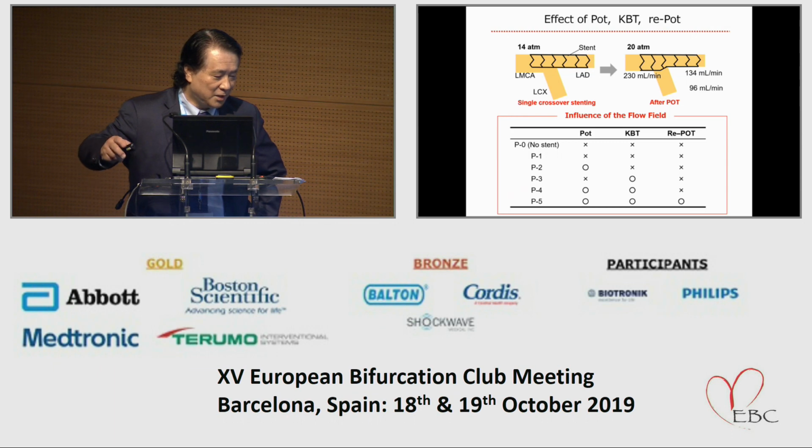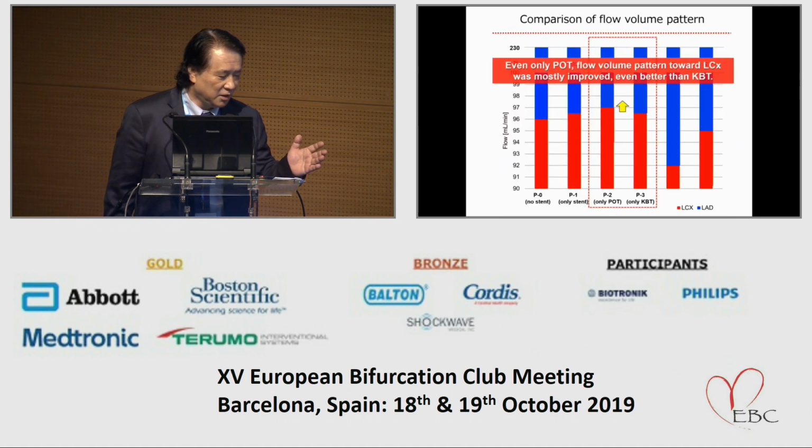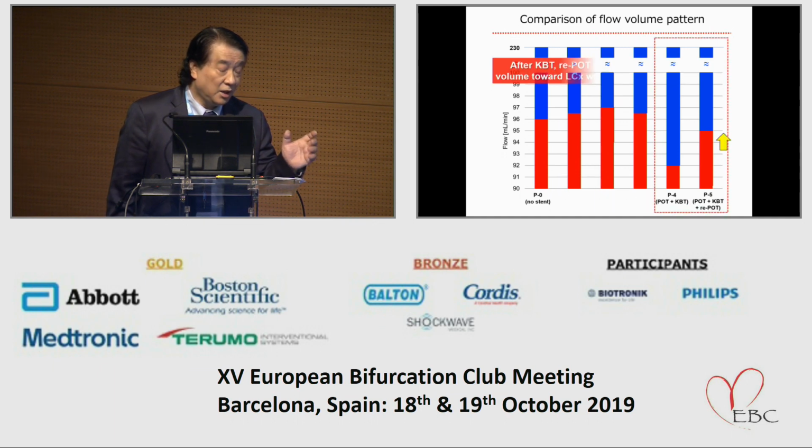Anyway, we have data with POT plus minus, kissing balloon plus minus, and report plus minus, and check the flow pattern. And then clearly you can understand POT, and compared to the kissing balloon, only the flow volume pattern toward the circumference improves. And after the kissing balloon, if you do POT, it significantly improves the flow volume pattern.